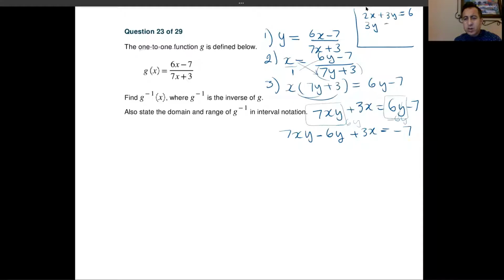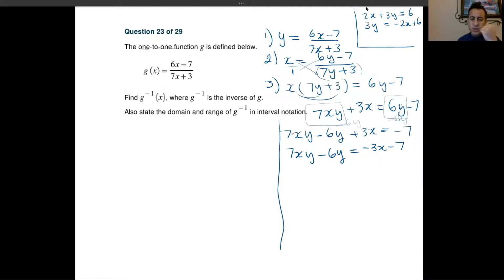So instead of writing 6 minus 2x, you skip that step by saying, I need to subtract 2x, and you put it at the front. I'll do the same thing here. Instead of doing -7 minus 3x, which is fine, then you need to switch it, we just use that same idea. So 7xy minus 6y. All right.